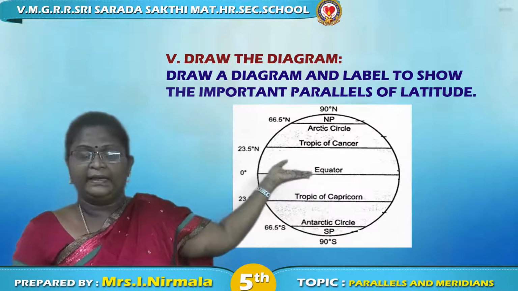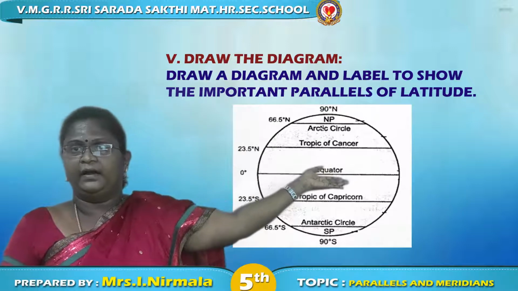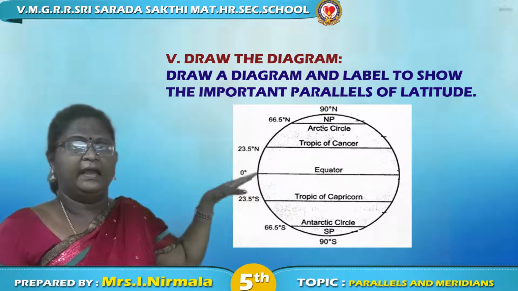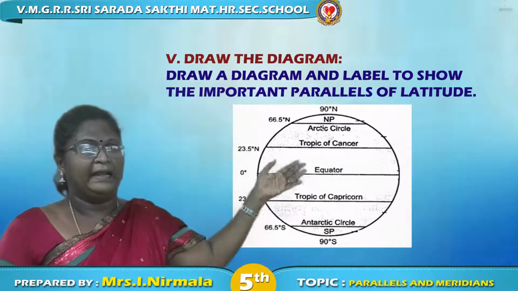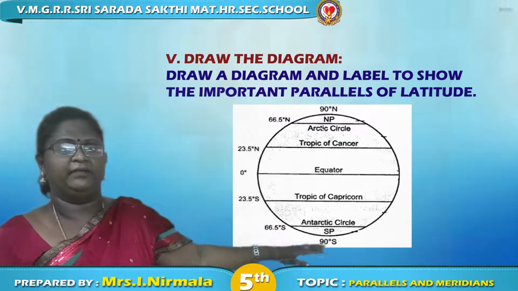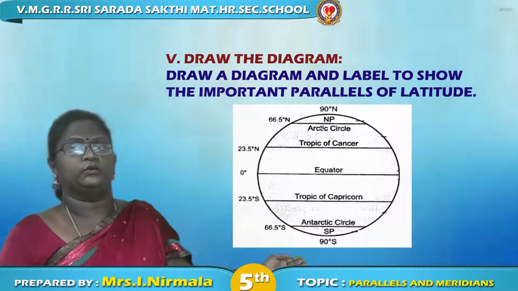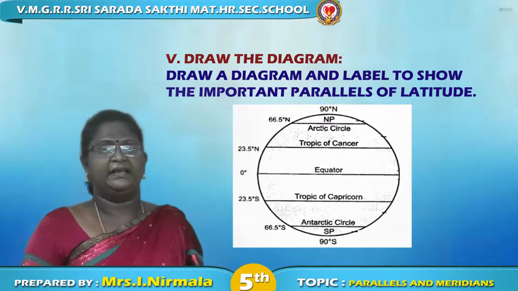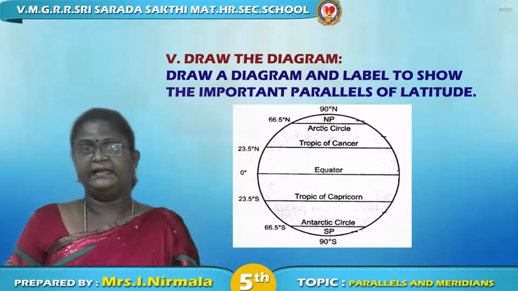Tropic of Cancer lies north of the equator at 23.5 north, and Tropic of Capricorn lies south of the equator at 23.5 south. Draw this neatly and color it as given in the book.